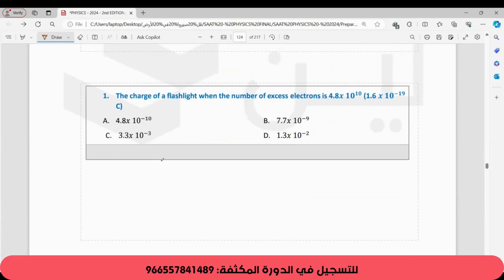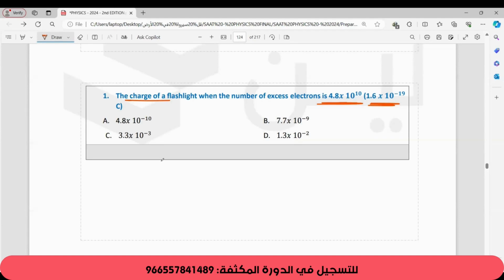Now let's see this question. The charge of a flashlight with the number of excess electrons is given here, the excess electrons, and the electron charge is given. We need to calculate the charge. All of the options are magnitudes, with no minus or positive. He wants the magnitude only.